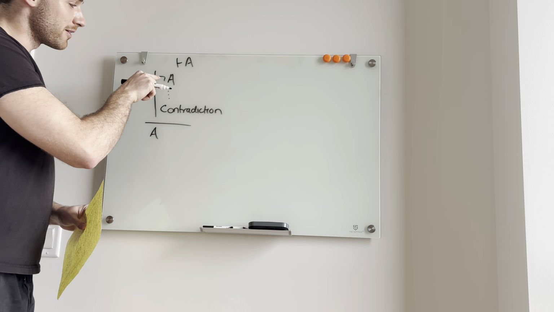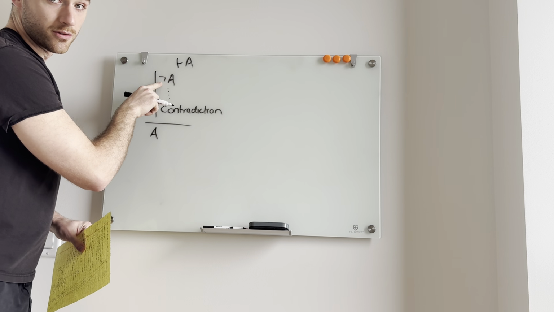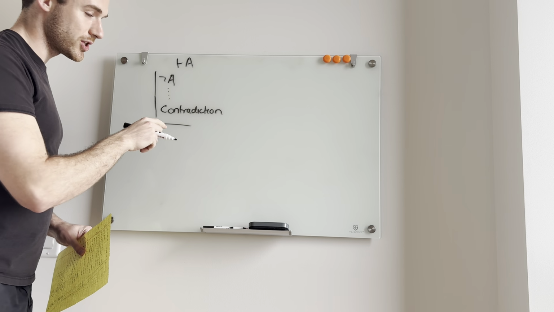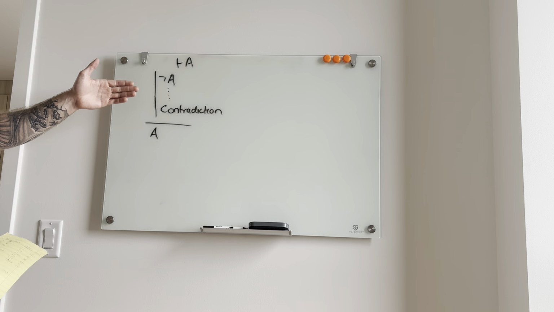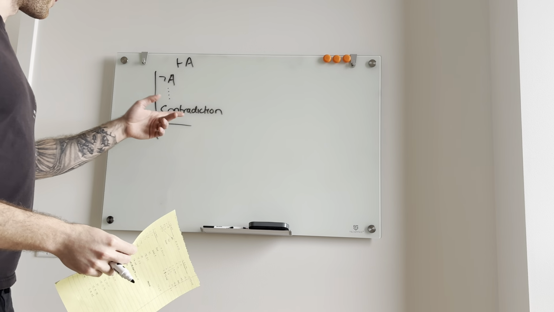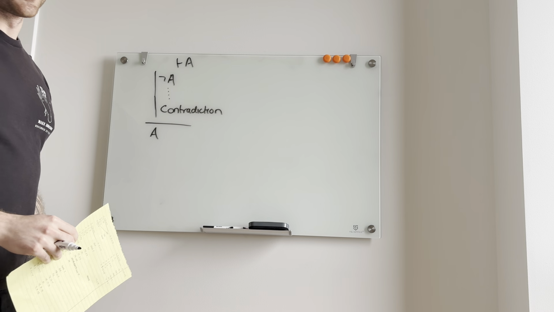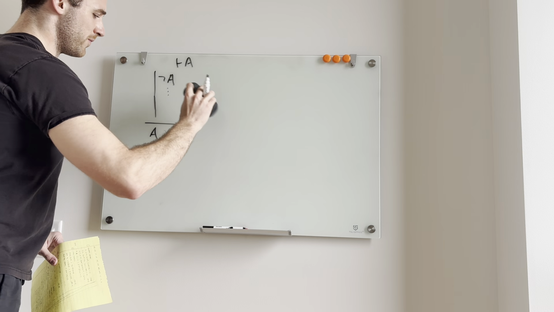The argument is that, okay, I'm trying to prove A, so what if A is not true? That leads to a contradiction. Okay, then A must be true. Another way to look at it is it's showing that A is not allowed to be false. Because if it's false, you get something logically impossible. Now, what would a contradiction look like in a subproof?